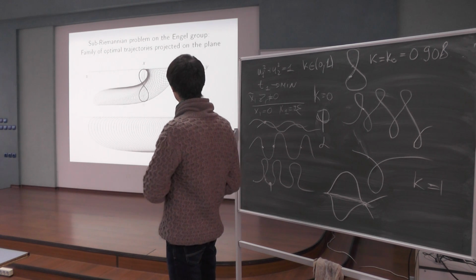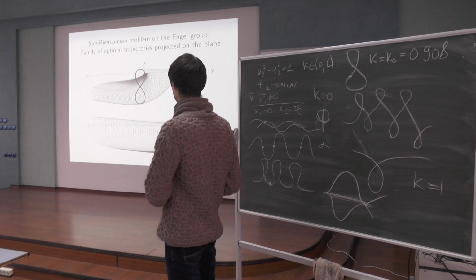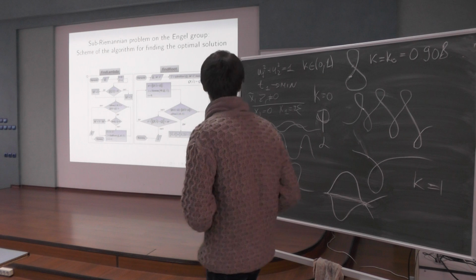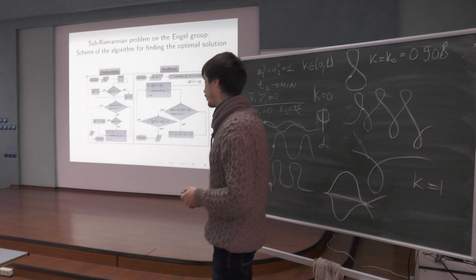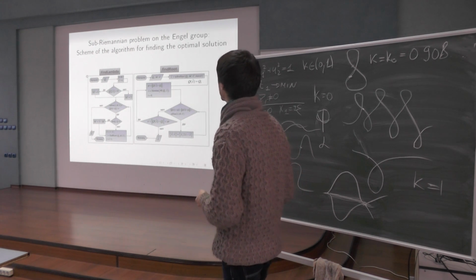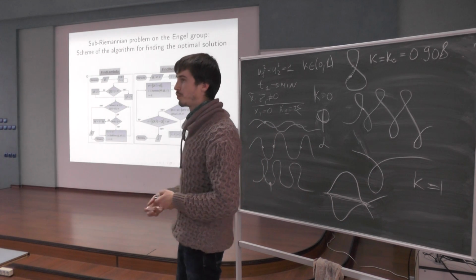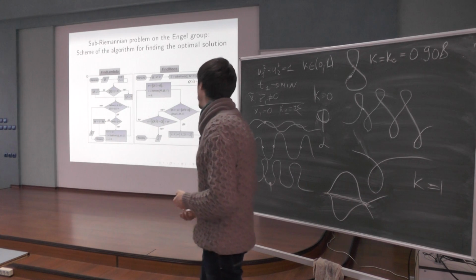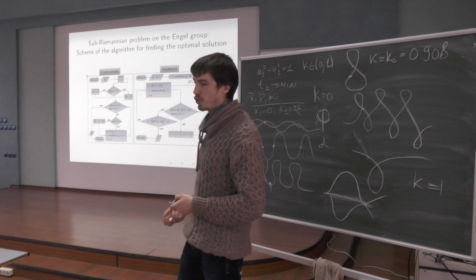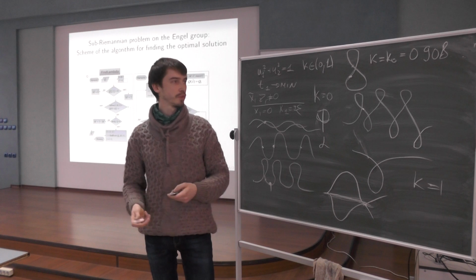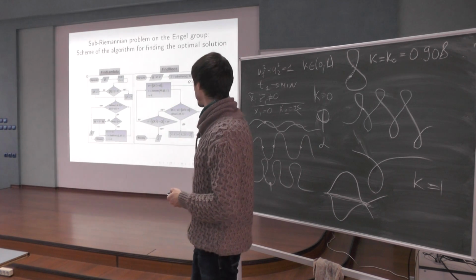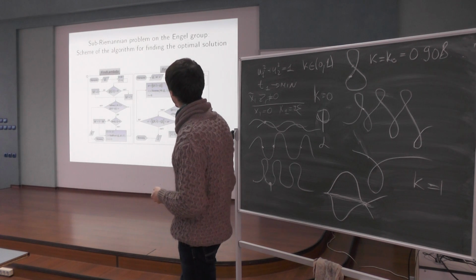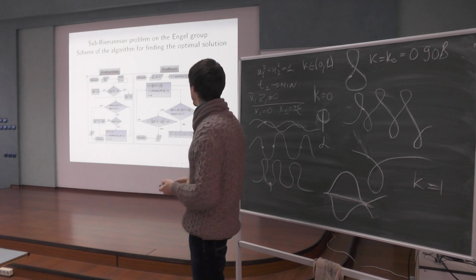So now, in order to find optimal curves for our problem, we have to write a program which can numerically calculate optimal solutions, since it is impossible to invert the exponential mapping because of its complexity. So I wrote an algorithm also in the program system Mathematica.